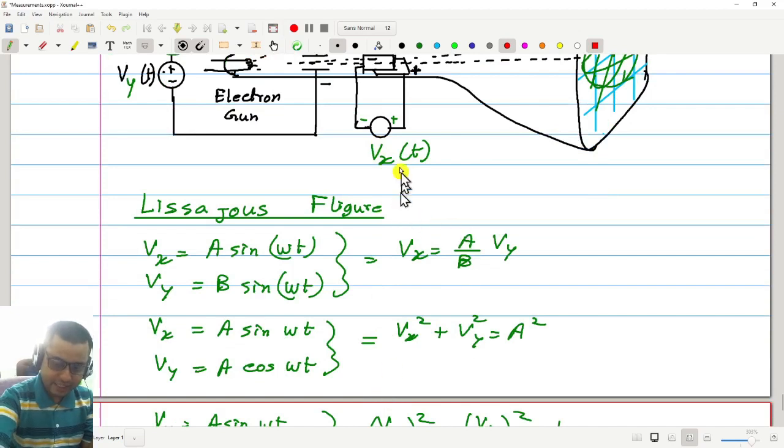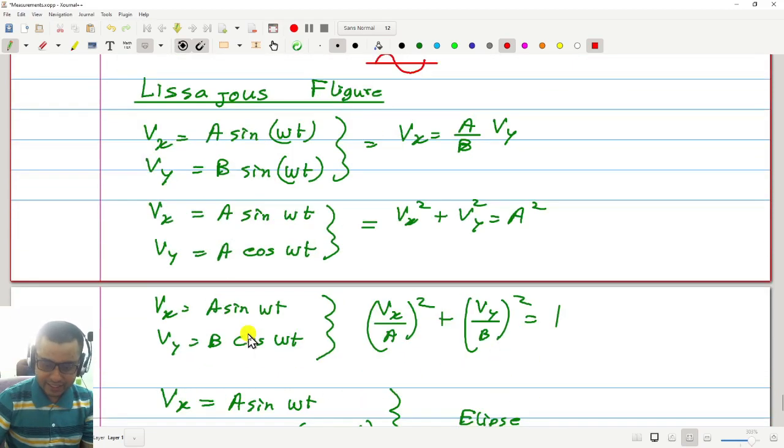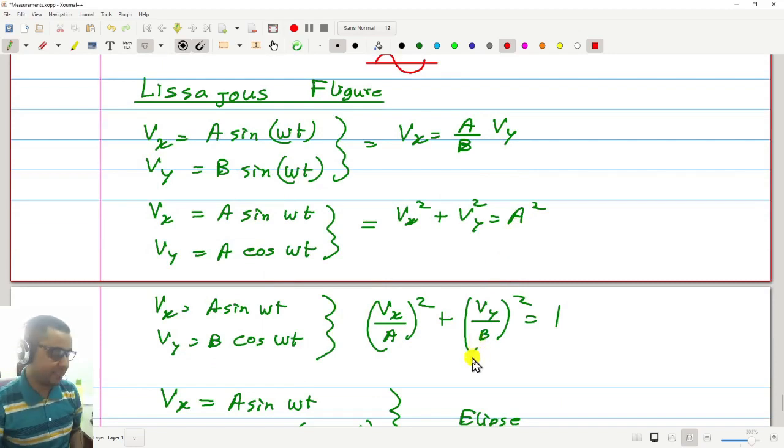And then we said if we apply two sinusoidal voltages, one here and one here, then for different cases we saw that we will get a straight line or a circle or an ellipse on the screen.